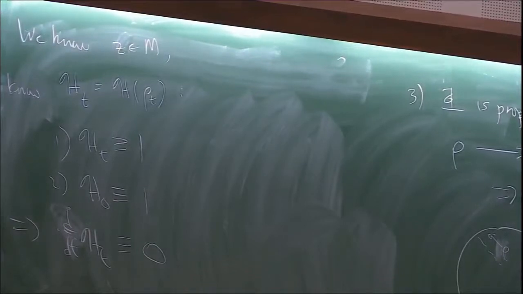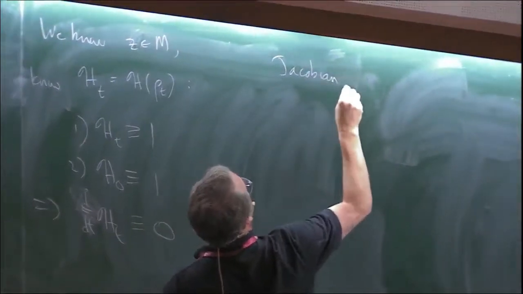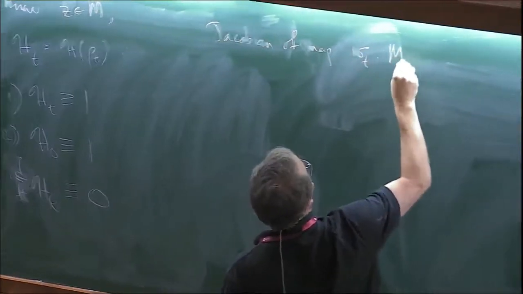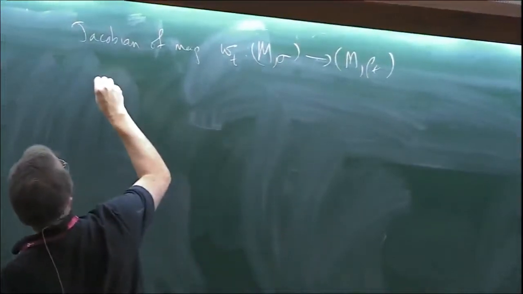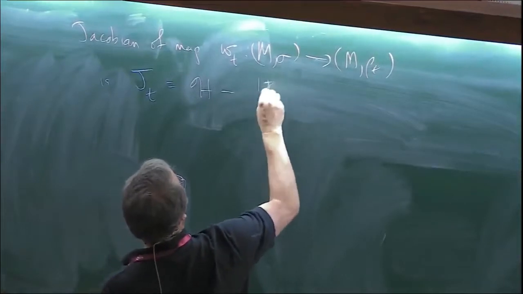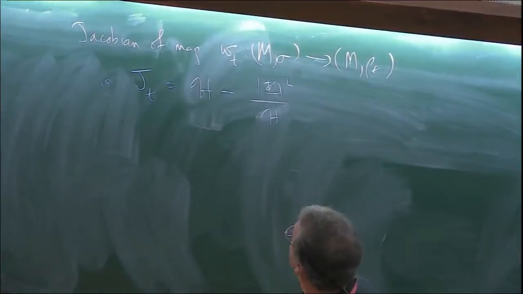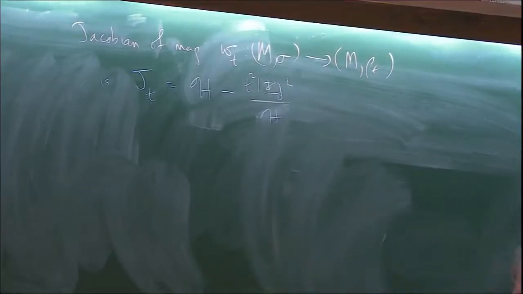You can actually compute, let me just tell you an algebraic computation, that the Jacobian determinant of the map Wt, say, from M sigma to M rho t, I'll say Jt, is this h minus v squared over h. Oh, and I said t, so let me put a 0 here and pull out the t squared.